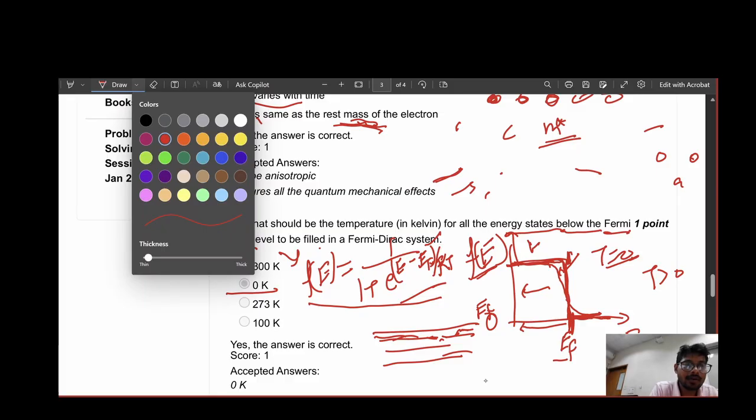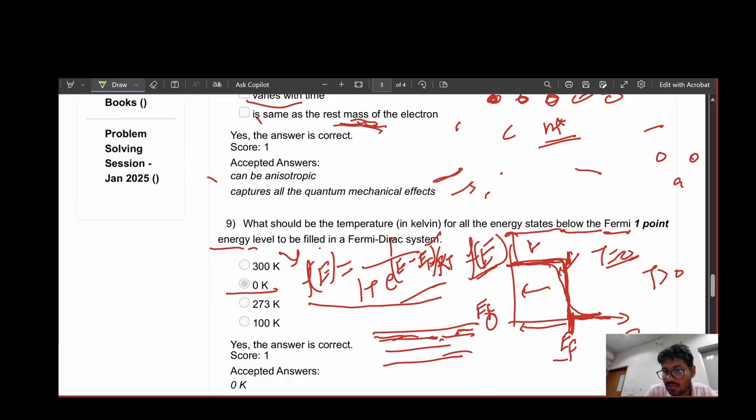Let me draw it again. For T equal to 0, this is the graph, in green, Fe versus E at T equal to 0. If you increase the temperature, it will deviate. For T1 greater than T2, this was T2, and it looks something like this.